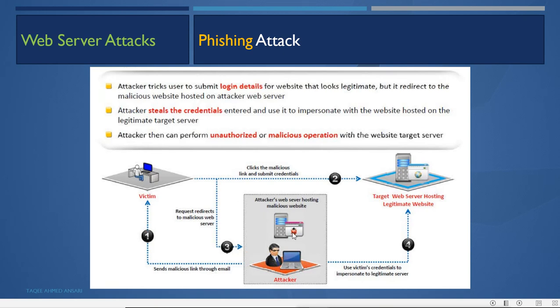It will use the credential of that user which it got from the logging, and then what? It will use the credential to log into the legitimate web server, and it will impersonate that victim. So the web server feels like it is the user who is logged in, and then it will do some malicious things, it will do unauthorized or malicious operations, and it will harm the server.